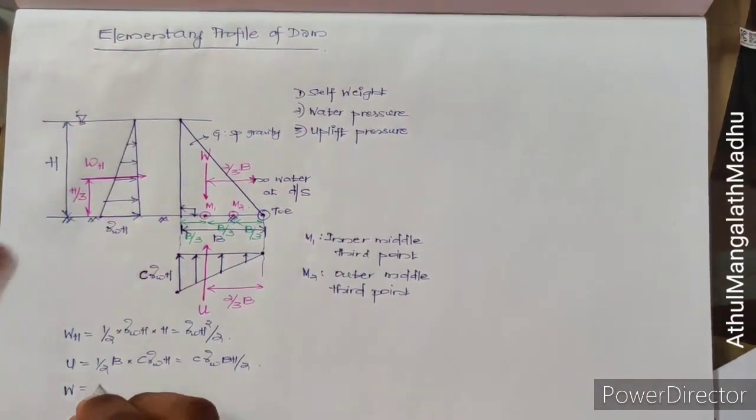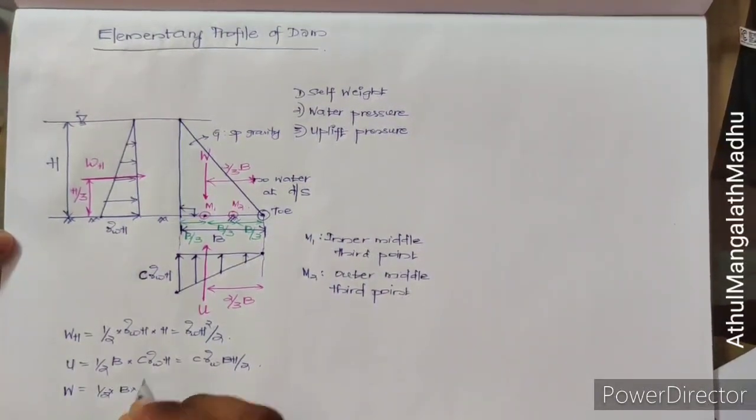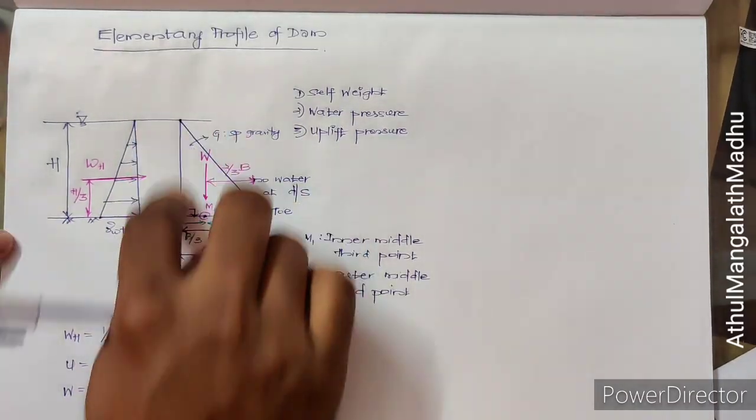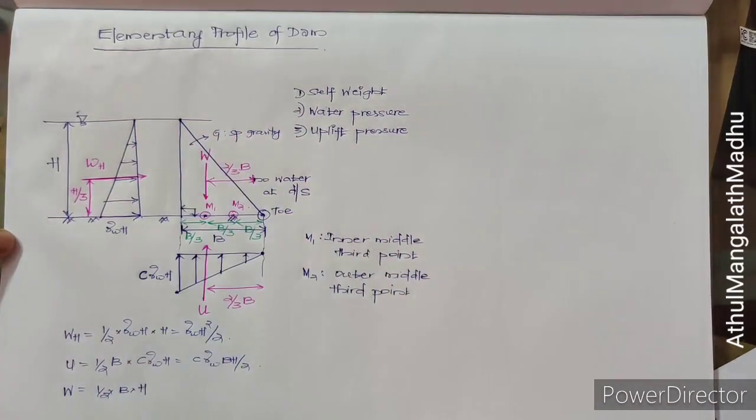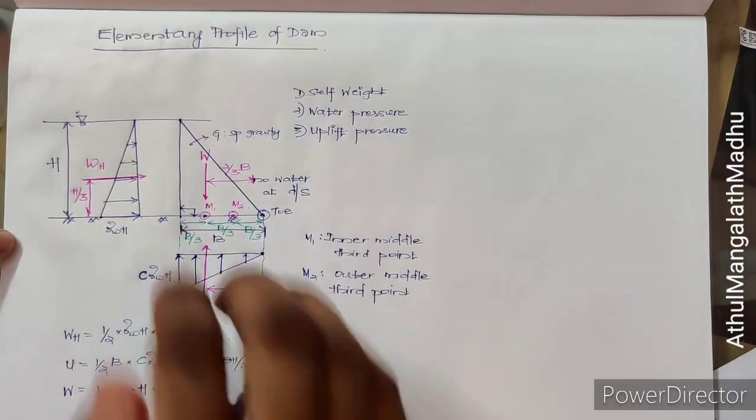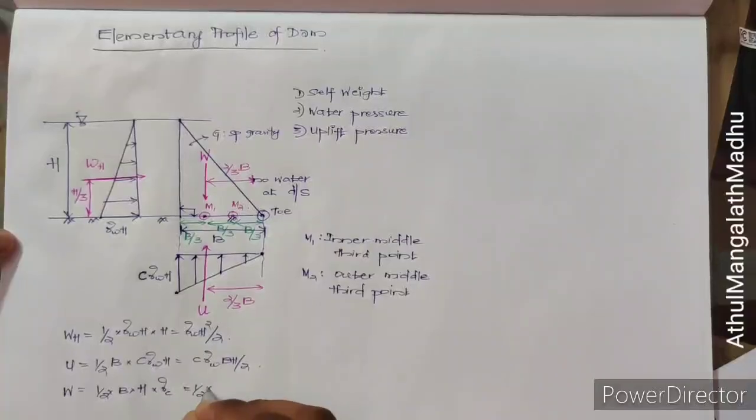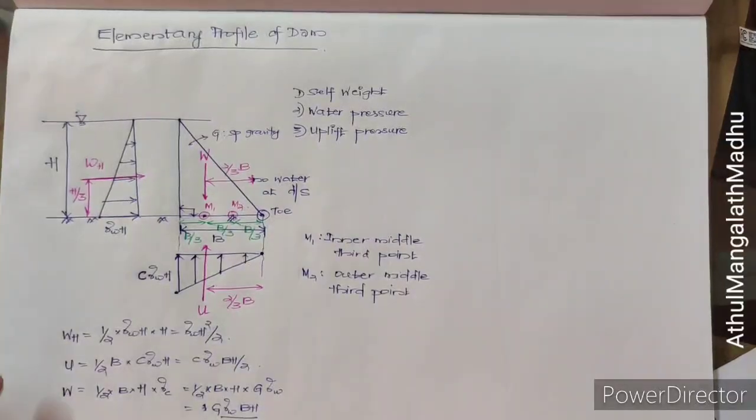The area is half into base into height, and that has to be multiplied by the weight density of concrete, gamma C. But gamma C is equal to specific gravity multiplied by gamma W. So this can be written as G into gamma W into BH by 2. So you've got the values for WH, U and W.